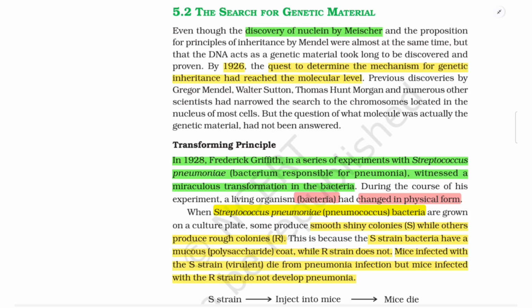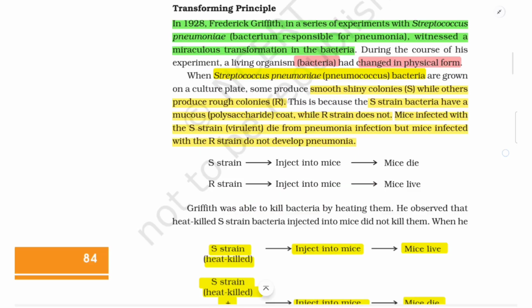Previous discoveries by Gregor Mendel, Walter Sutton, Thomas Hunt Morgan, and numerous other scientists had narrowed the search to the chromosomes located in the nucleus of most cells. But the question of what molecule was actually the genetic material had not been answered.